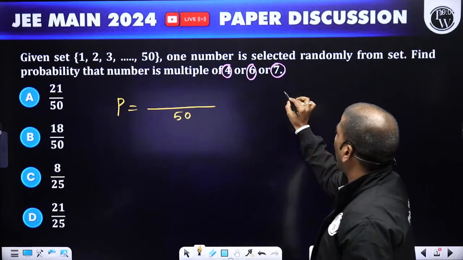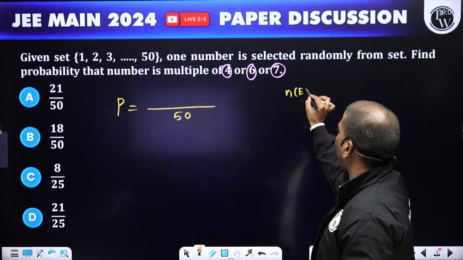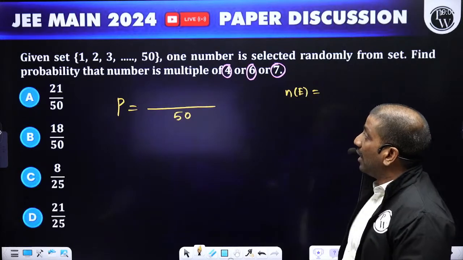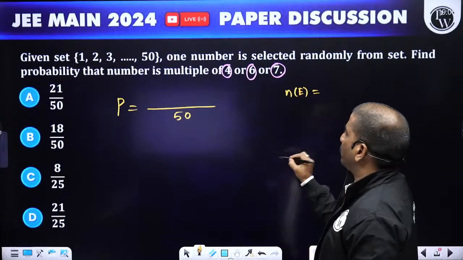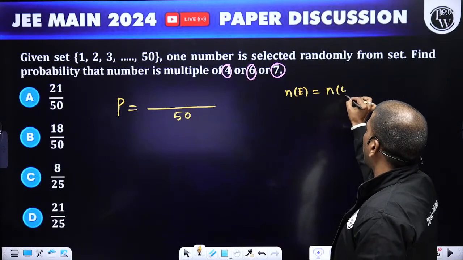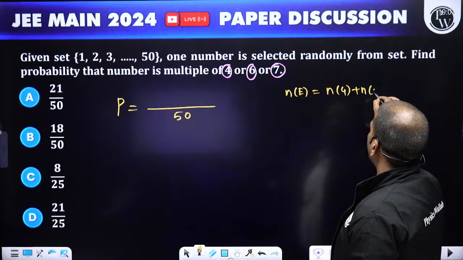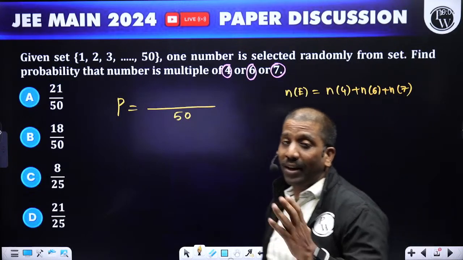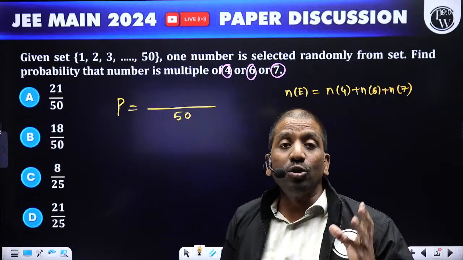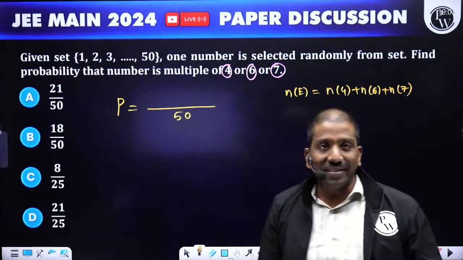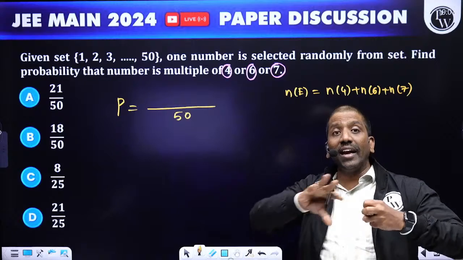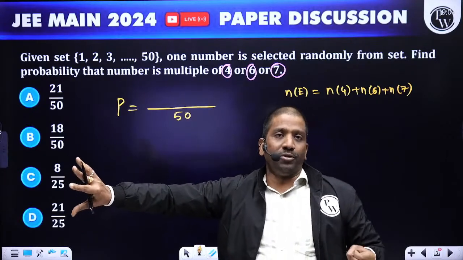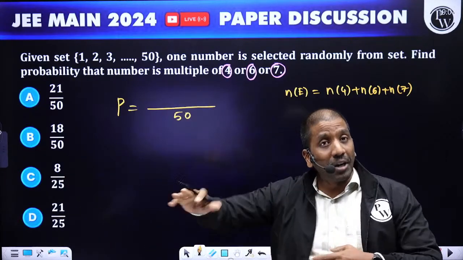Coming to favorable cases, n of E: either a multiple of 4, or of 6, or of 7. Which concept do we apply? The inclusion-exclusion principle, so that we can eliminate the common repeated numbers.